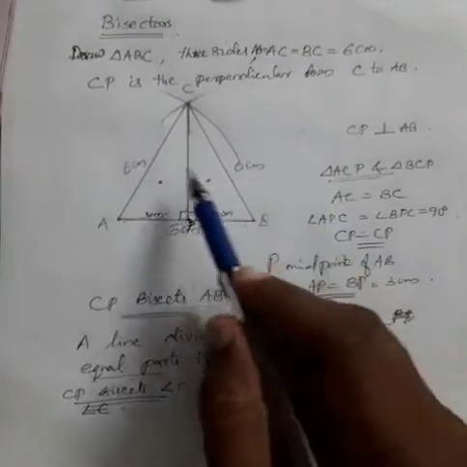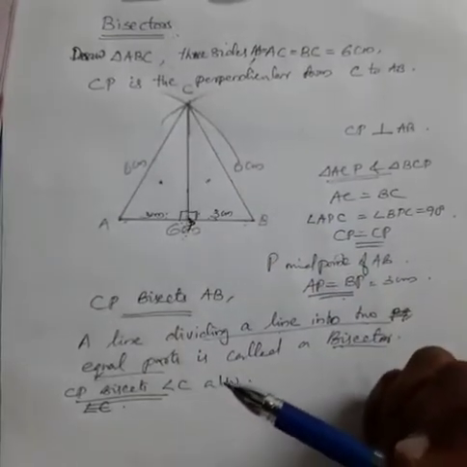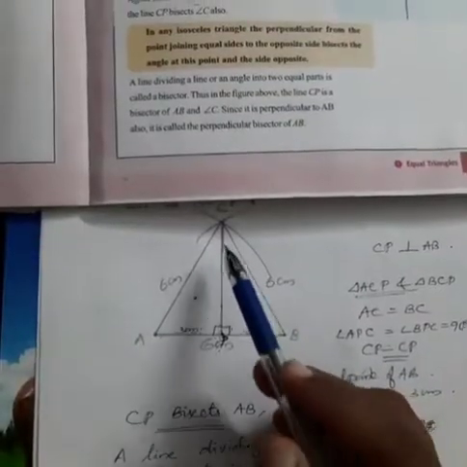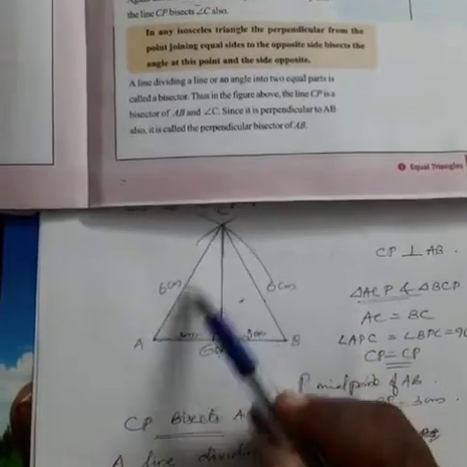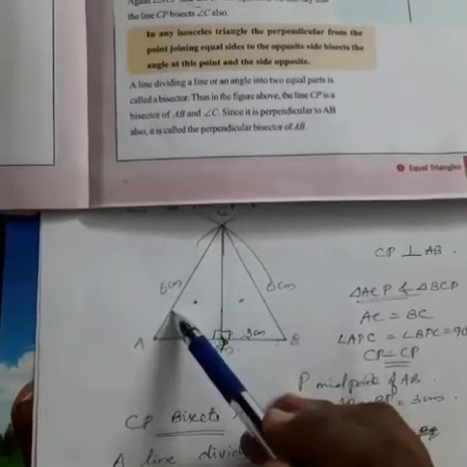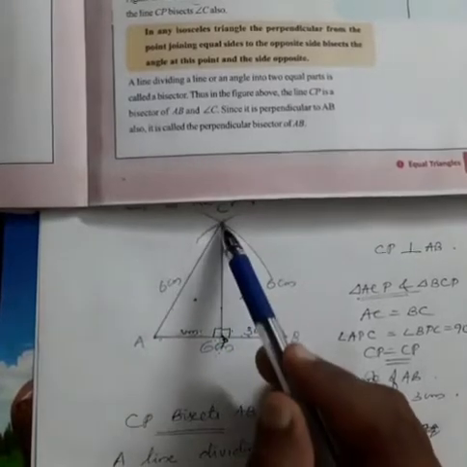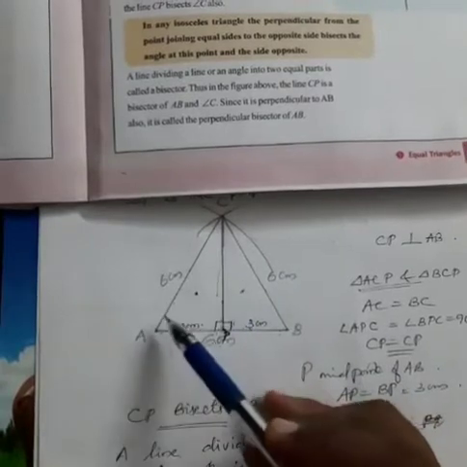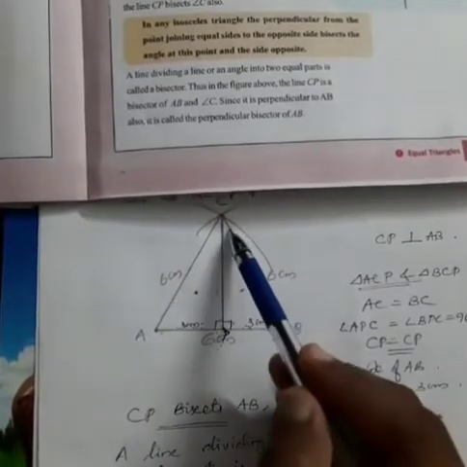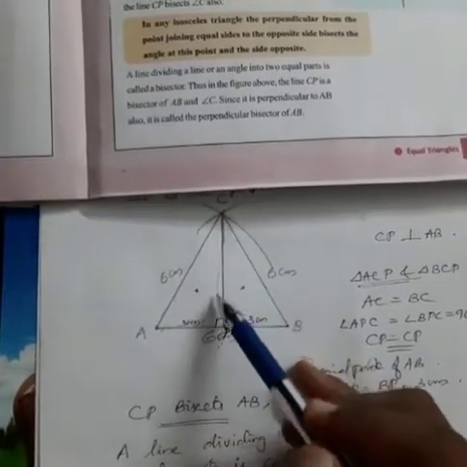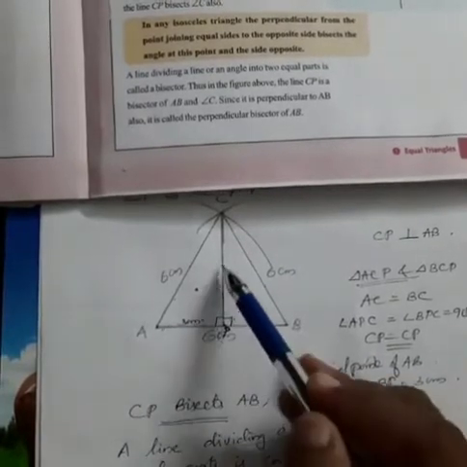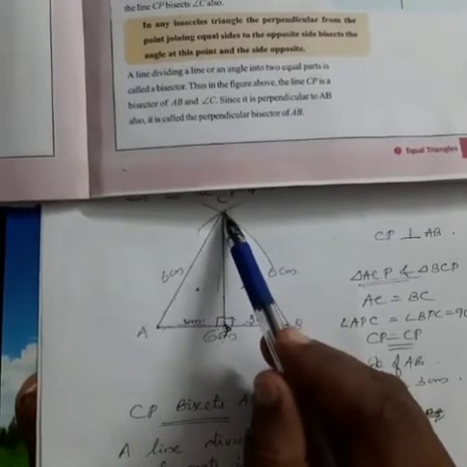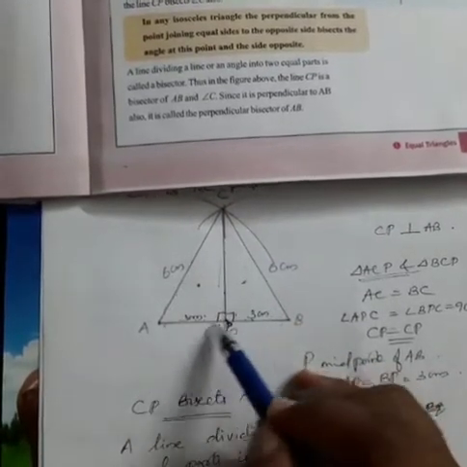And you know, these are isosceles triangles. There is a principle for this. In any isosceles triangle, the perpendicular from the point joining two equal sides to the opposite side bisects the angle at this point and the side opposite.